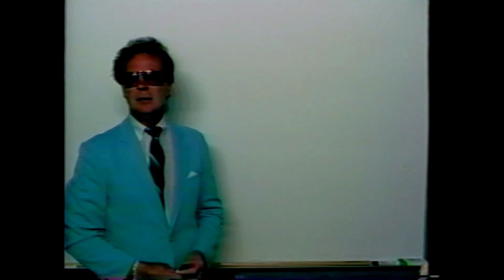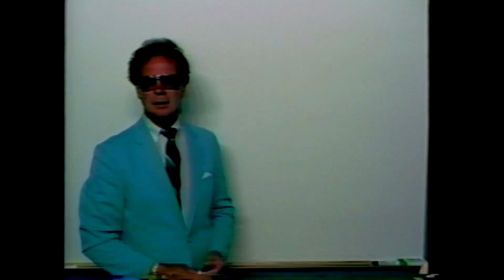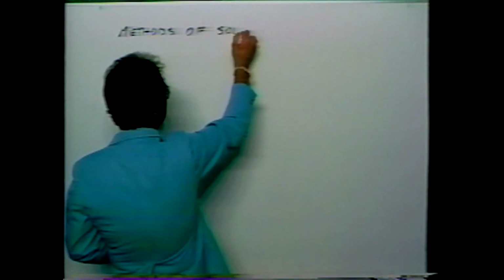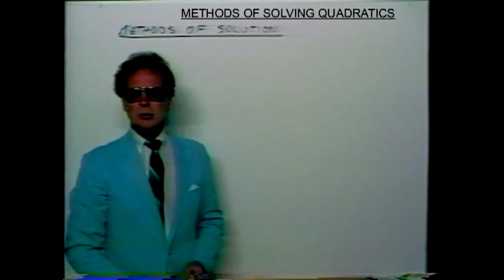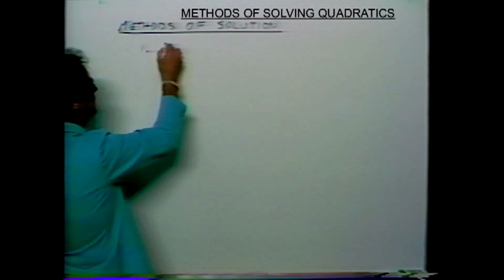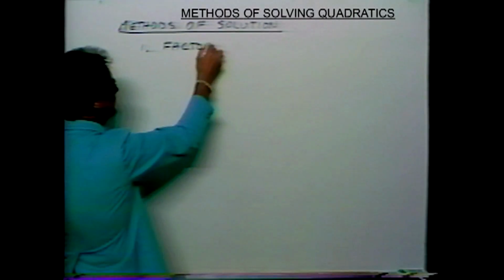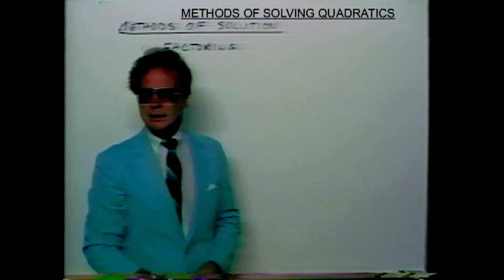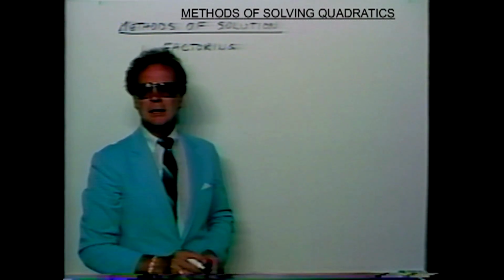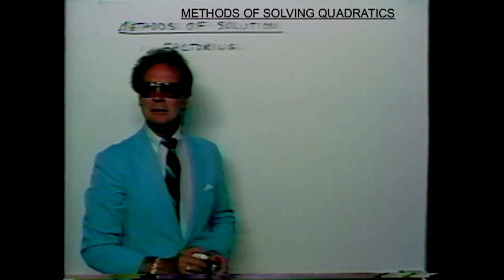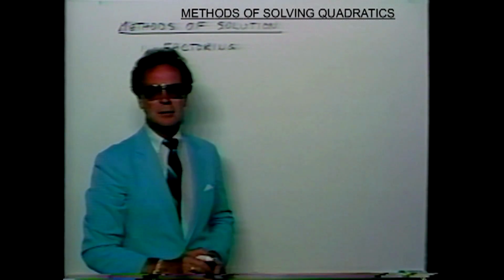The variable of the quadratic can be solved for in several ways. That is, solve for the root of the quadratic. There are several methods available. Number 1 is factoring. If factoring is possible, then this is the quicker method.